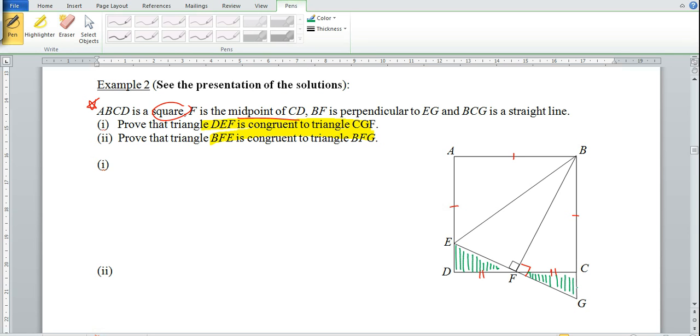Now if I look at these two triangles and I'm supposed to prove that they are congruent, so what can I use? Can I use SSS? Are all the lengths given? Okay, be careful that there are lengths that will look the same, right? But they are not directly given in the question. So I cannot say that it is given.